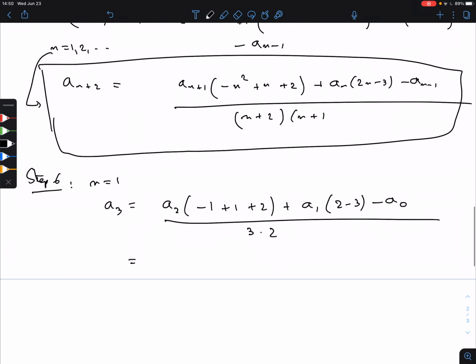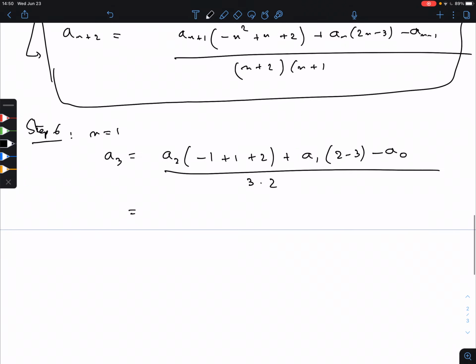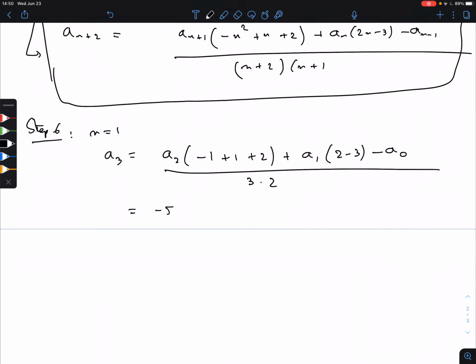Okay, so let's see, a_2 was negative 5, so we get negative 5 times 2. This is minus 1, and then a_1 is negative 2, so that is actually plus 2. Minus a_0 is minus 2, and that over 6, so we get minus 10 over 6, or minus 5 over 3, if you want.